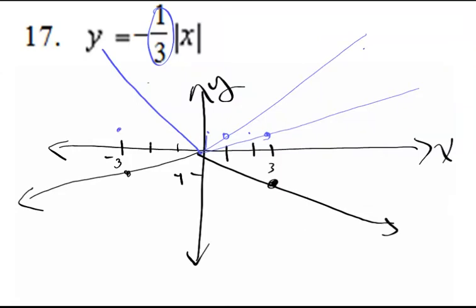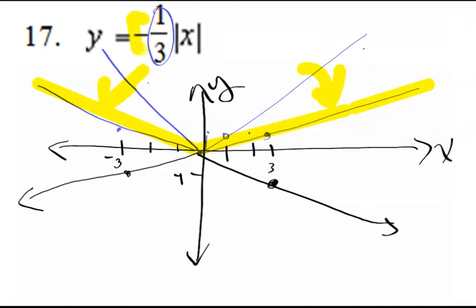Okay, so our new is there. And I'll highlight the new one. There's the new line, the compressed line, so it flattened this original one down. And now we've got to reflect it over the x-axis, so it flips this way. So there's your new equation.